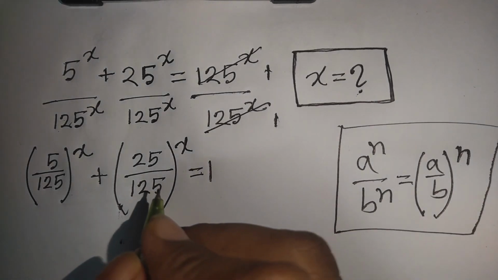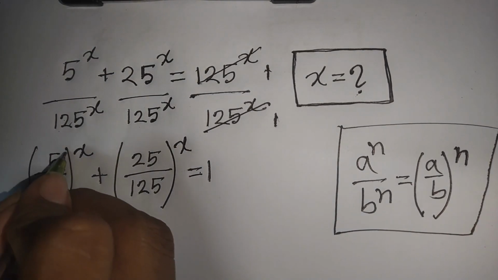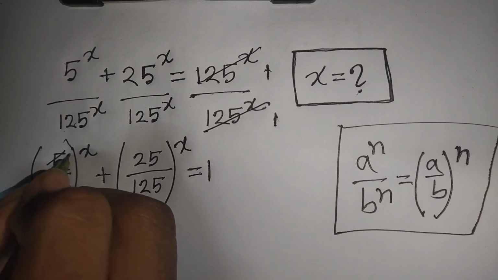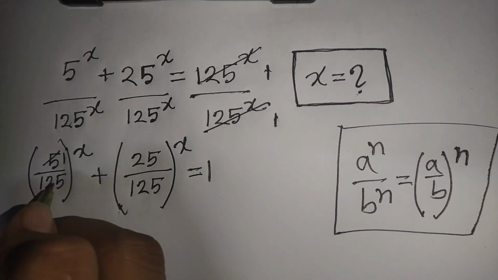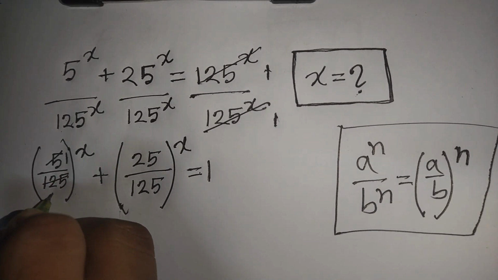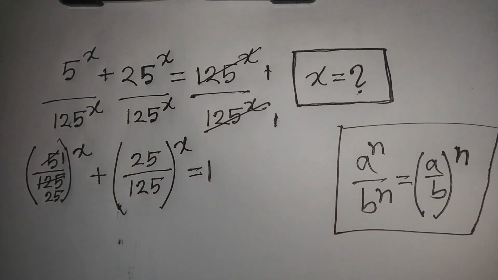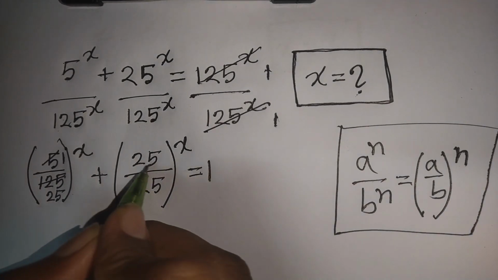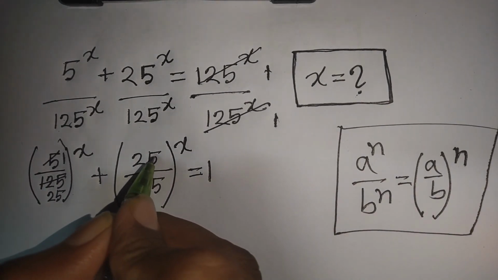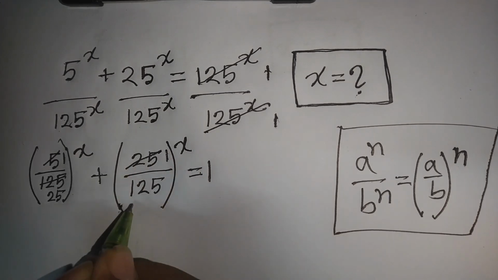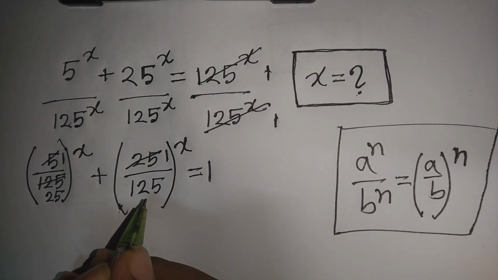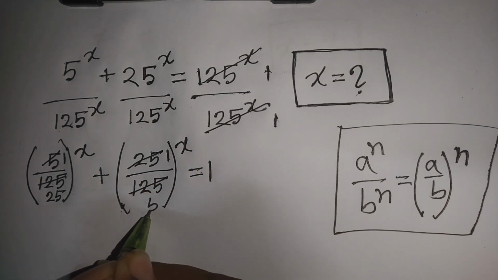Now, 5 divided by 5, that means 1. 125 divided by 5, that means it will be 25. Then 25 divided by 25, that means 1. 125 divided by 25, that means it will be 5.